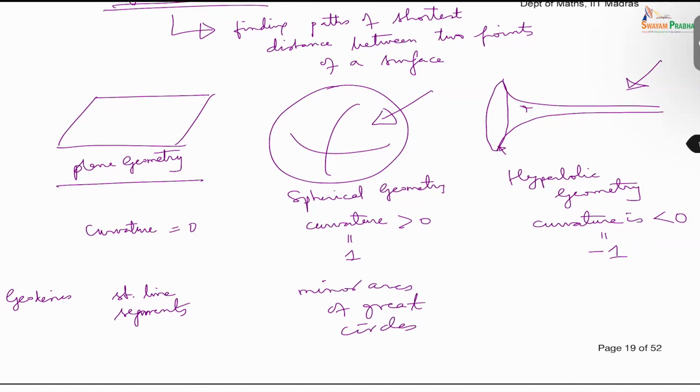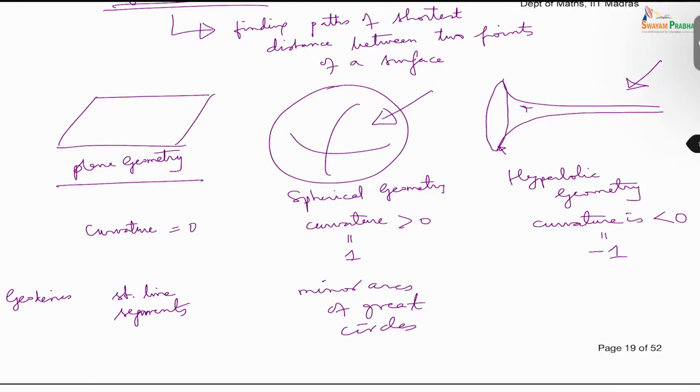And what happens in hyperbolic geometry is something of a magical thing. In hyperbolic geometry, there is a way of looking at it by projecting it onto a piece of the plane, and you can project this hyperbolic geometry to get a shadow of it on the unit disk.